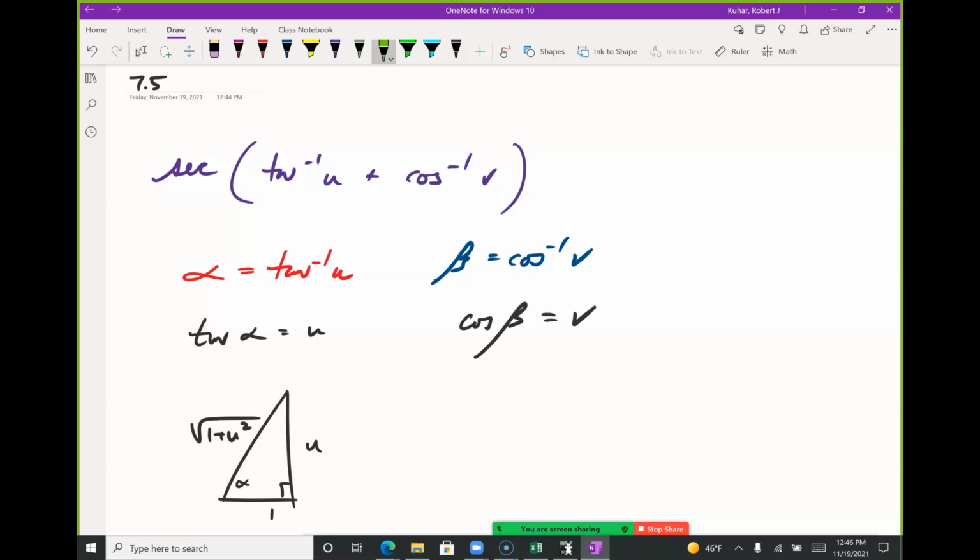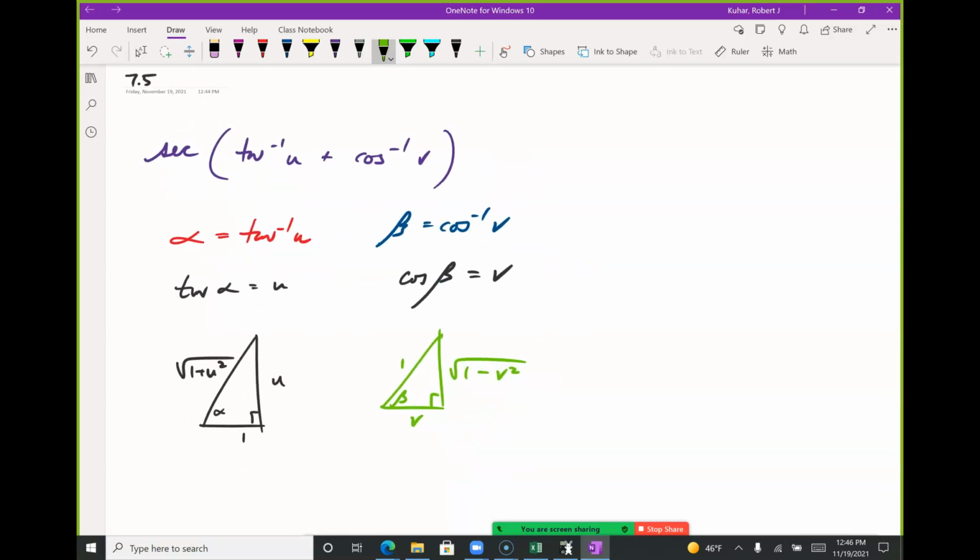And then the other one, I get a triangle with an angle of beta. And cosine is v over 1, so adjacent over hypotenuse. And the remaining side is square root of 1 minus v squared by Pythagorean theorem. Is everybody okay there? Anybody want to see that? I don't mind showing it.